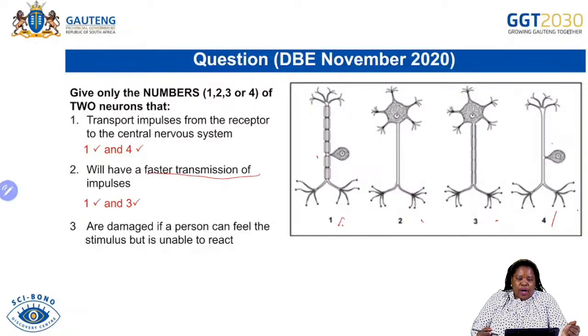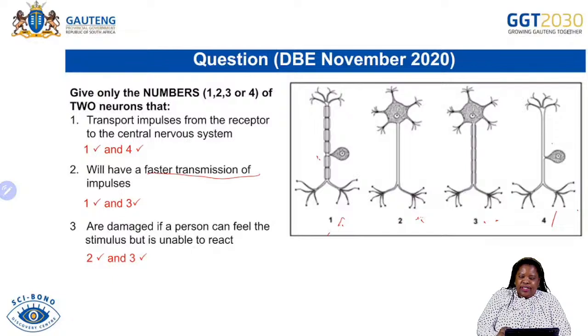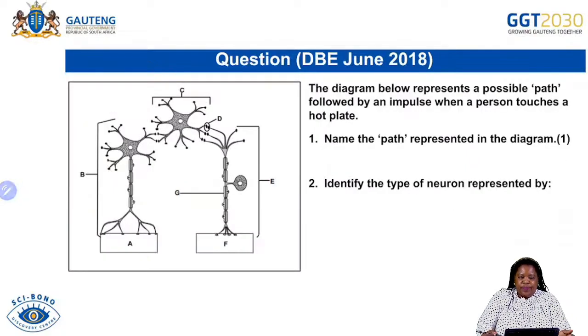So, it will be 1 and 3 because they are covered with myelin sheath, and 2 and 4 are not. Give two neurons that are damaged if a person can feel a stimulus but is unable to react. Cannot react is 2 and 3. That is from the previous paper, November 2020, DBE.